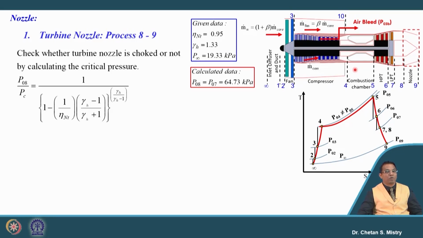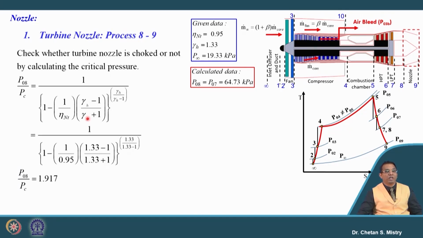For the nozzle pressure calculation, we first calculate the critical pressure ratio. This is represented as P08 by Pc, which is a function of my nozzle efficiency. Be careful, the exhaust gas is hot gas, which is why the gamma value is for hot gas. Putting in these numbers, the critical pressure comes as 33.77 kilopascal.